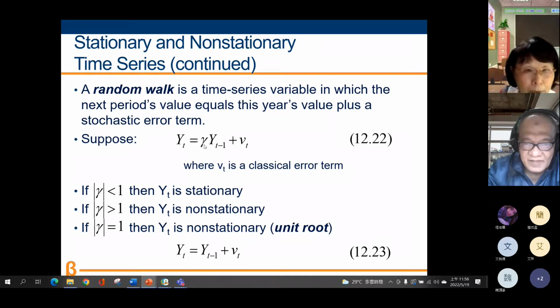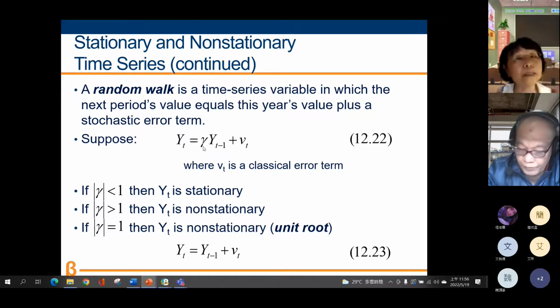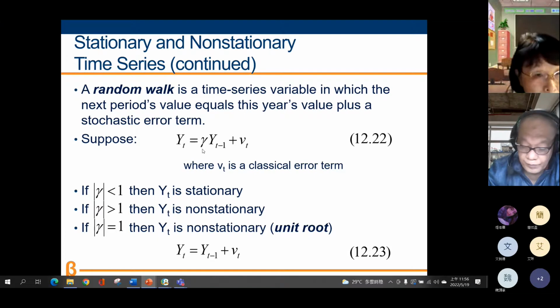It means gamma is between -1 and +1, so whether positive or negative, it is a decimal fraction. In other words, if gamma is less than 1, the expected value of yt will eventually approach 0, and therefore yt becomes stationary.